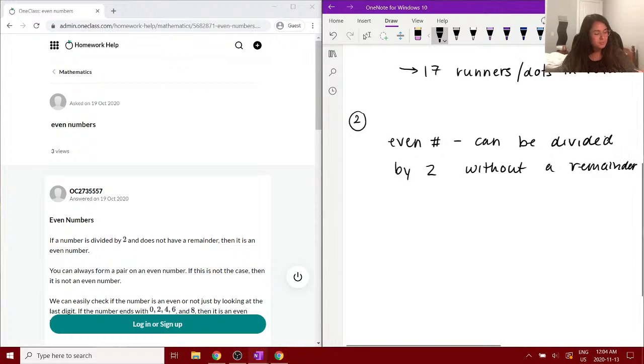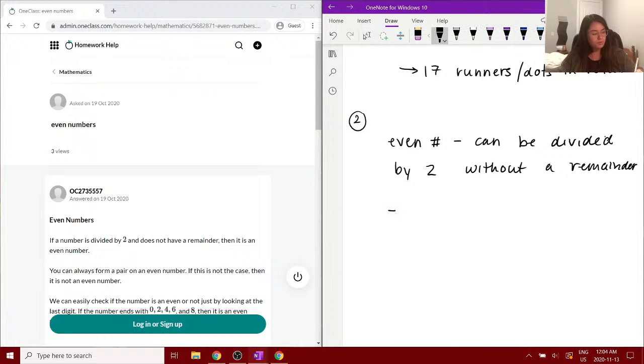On the edge, a little bit messy, sorry. But yeah, any even number can be divided by 2 without leaving a remainder. That just means the remainder is 0.